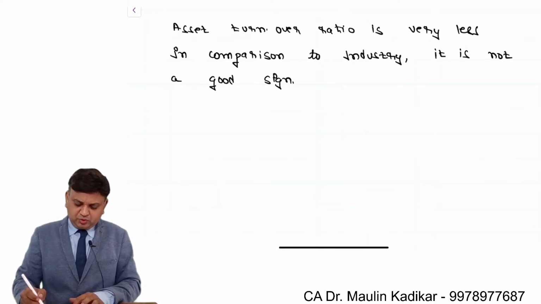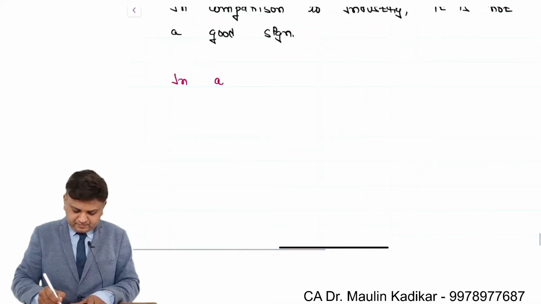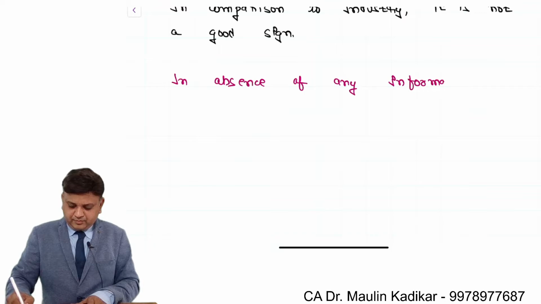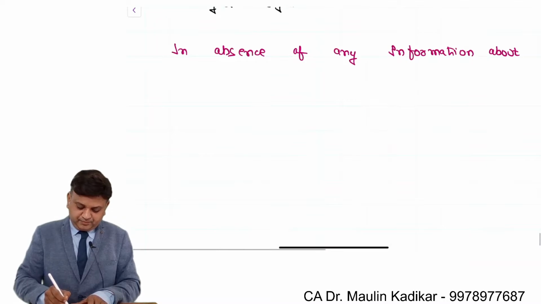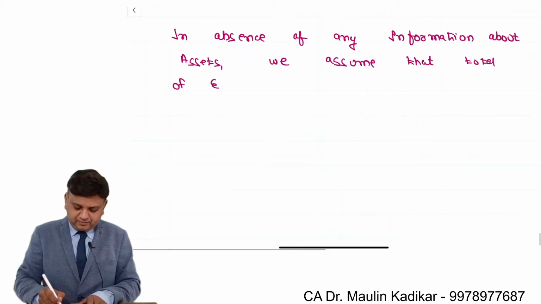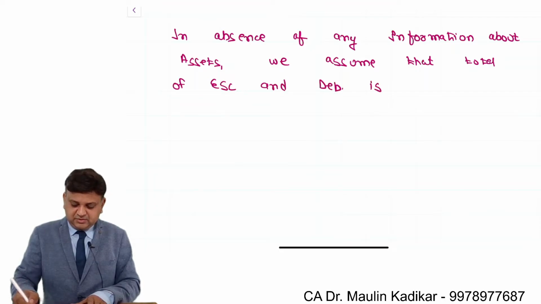I am dictating a small note to you. In absence of any information about assets, comma, we assume that total of equity share capital and debentures is total assets.